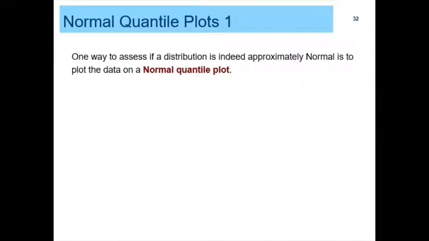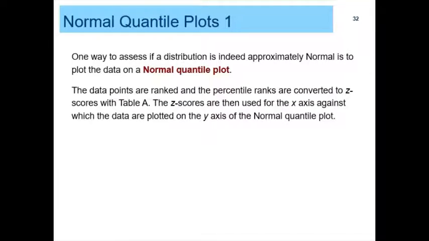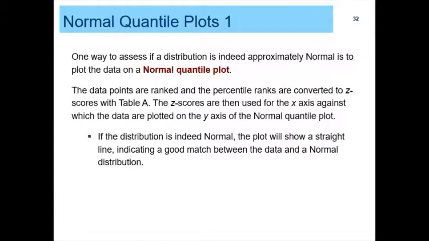One way to assess if a distribution is indeed approximately normal is to plot the data on a normal quantile plot. So we will understand it. The data points are ranked and the percentile ranks are converted to z-scores with table A. The z-scores are then used for the x-axis against which the data are plotted on the y-axis of the normal quantile plot.